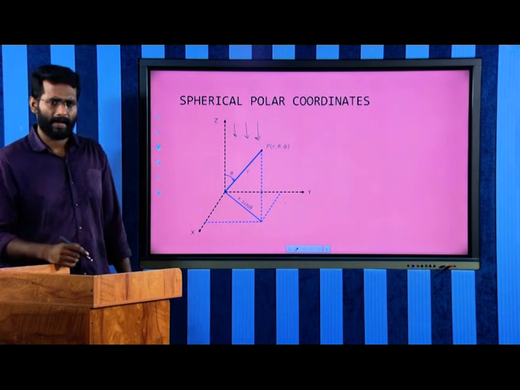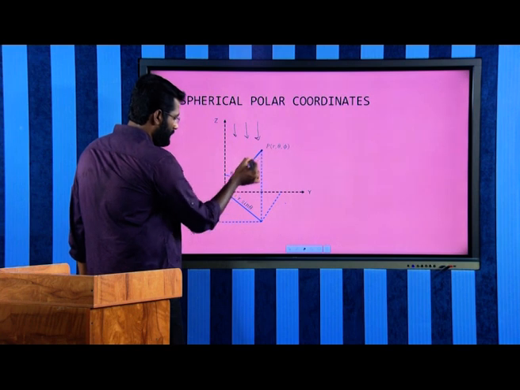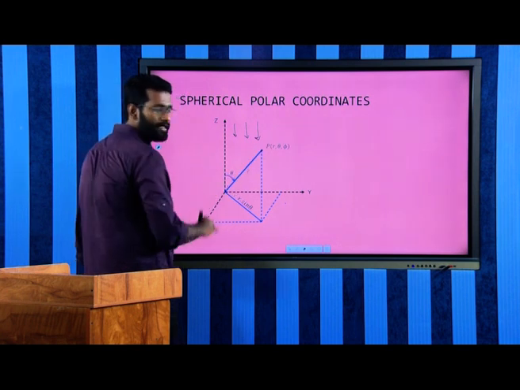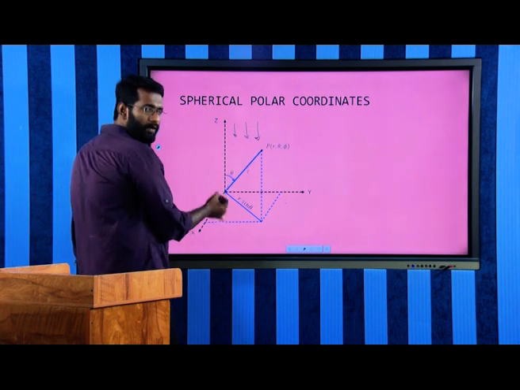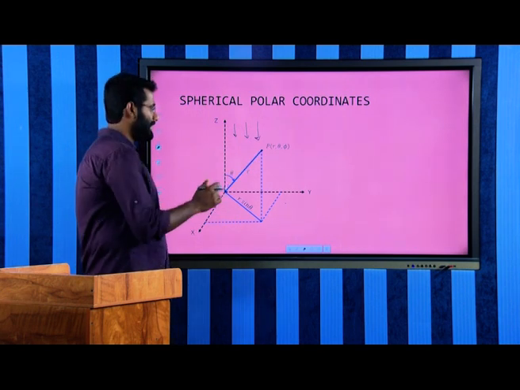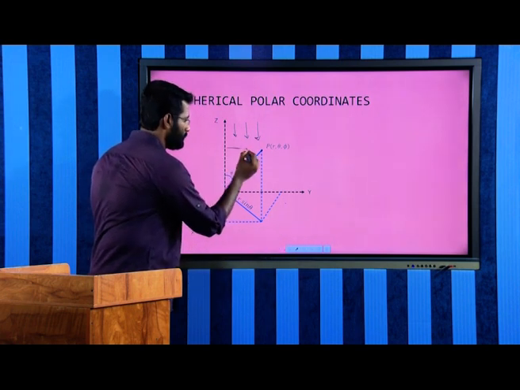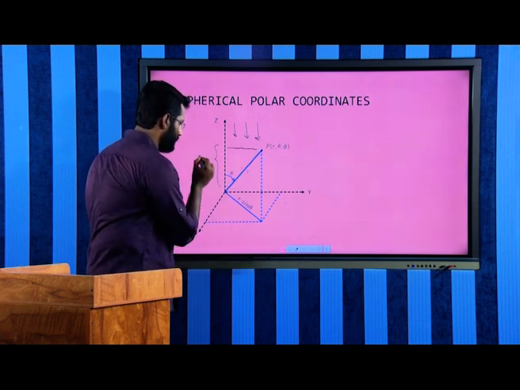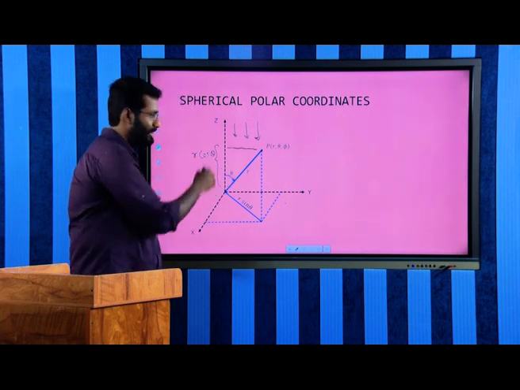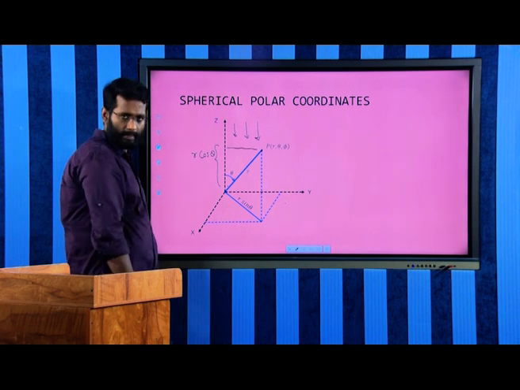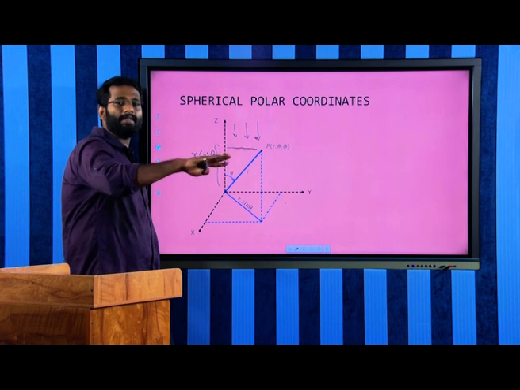Okay, now let's find the value of that. You can see this line makes an angle theta with the z axis. So this r will have a component in the z axis. What would be that component? This will be r cos theta, because the angle is made with the z axis. Now this projection is on the xy plane.